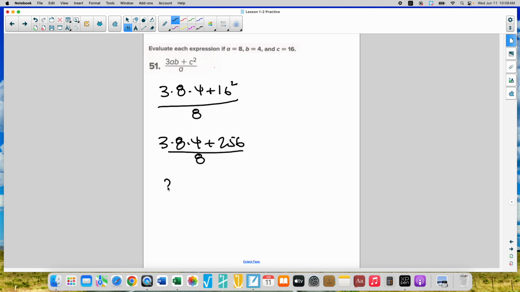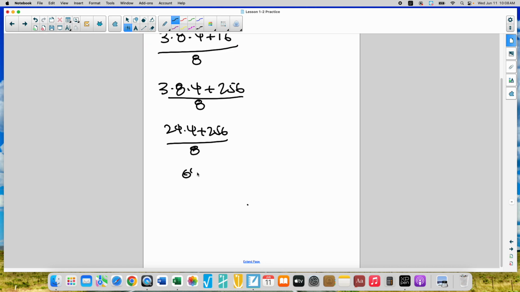And that's 24 times 4 plus 256 over 8. 24 times 4 is 64 plus 256 over 8. And that's going to give us 320 over 8, which actually simplifies to a nice clean 40.